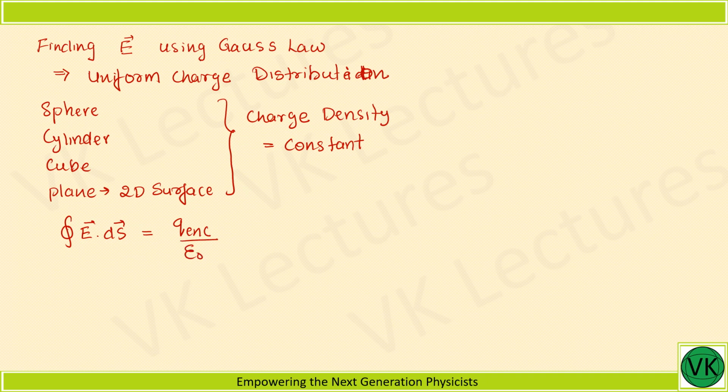Q enclosed is the charge enclosed by the Gaussian surface. That means whatever charge is inside the Gaussian surface, that much charge will be contributing to the electric field or the flux.